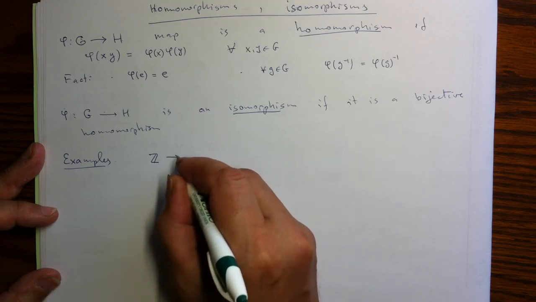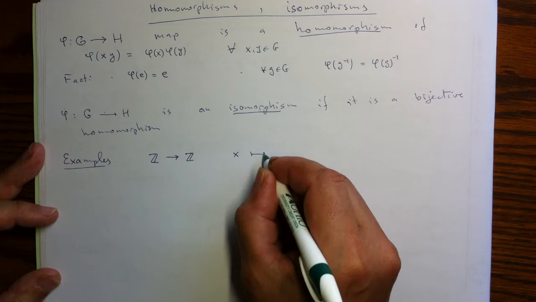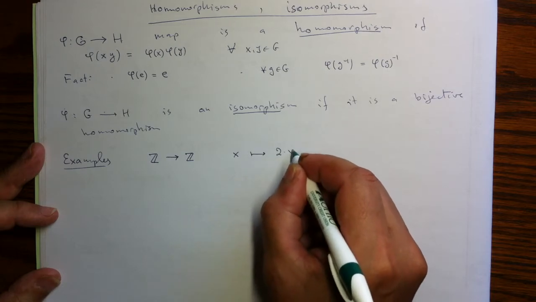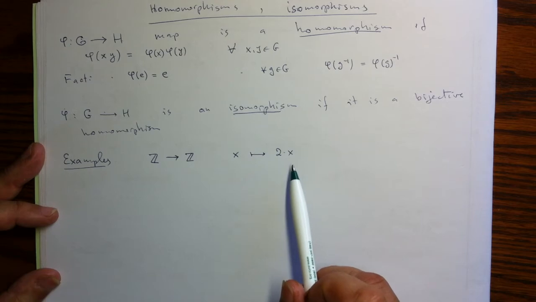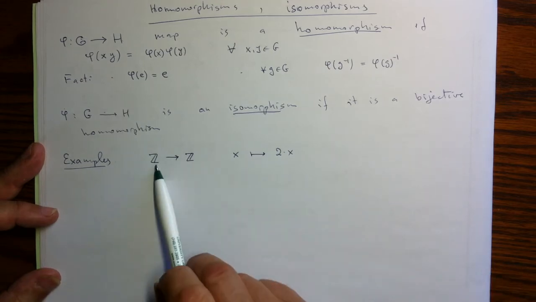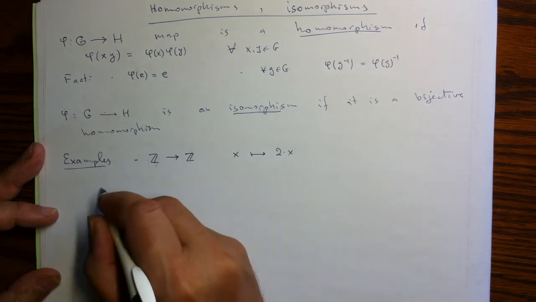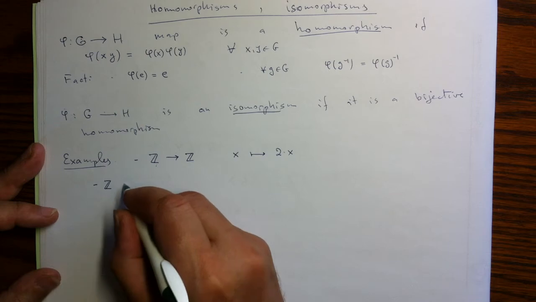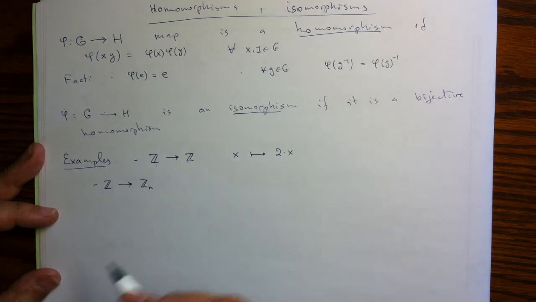Plenty. Say integers to themselves. Take an integer, multiply by any number, say 2, any integer number of course. It will be linear, which is to be a homomorphism in this case because our operation is addition. Take integers and reduce them modulo a fixed modulus n.